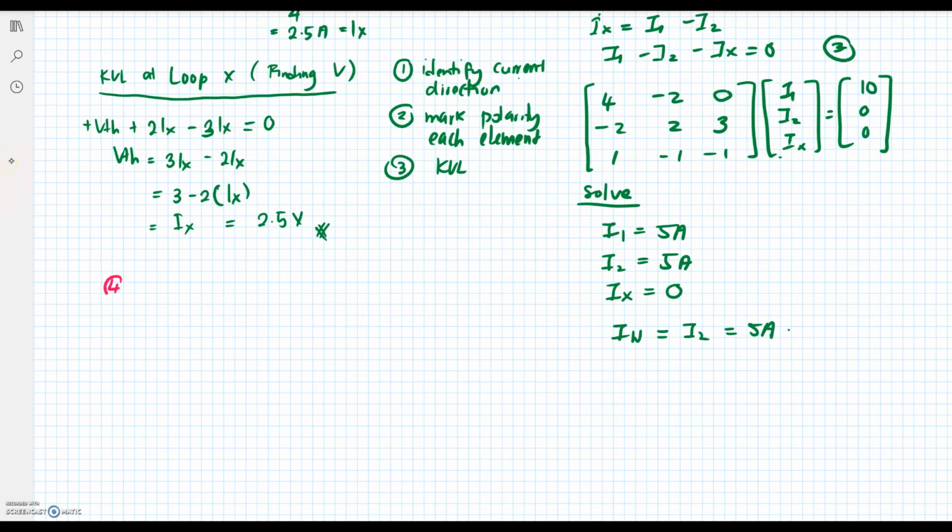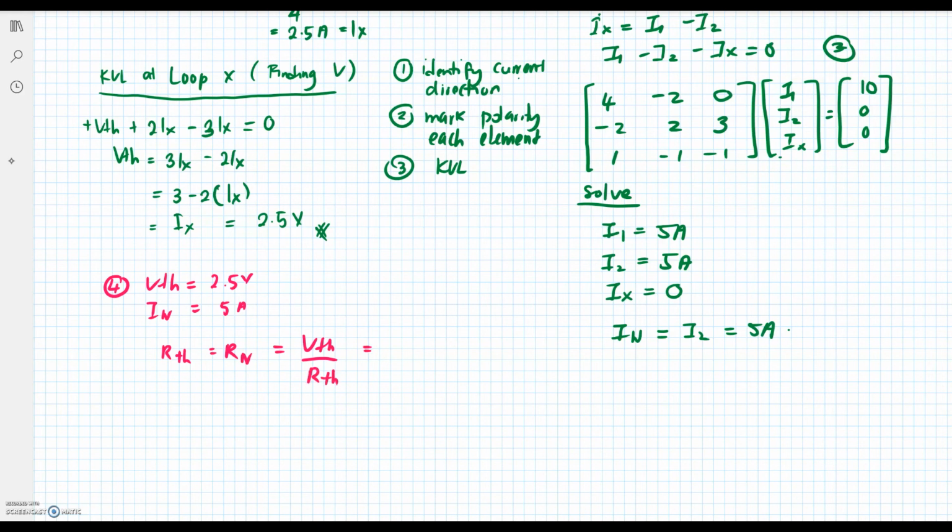And then step number 4, we already determined the values of V Thevenin, which is 2.5 volt, and I Norton, which is 5 A. Therefore, R Thevenin is equal to R Norton is equal to V Thevenin over I Norton.